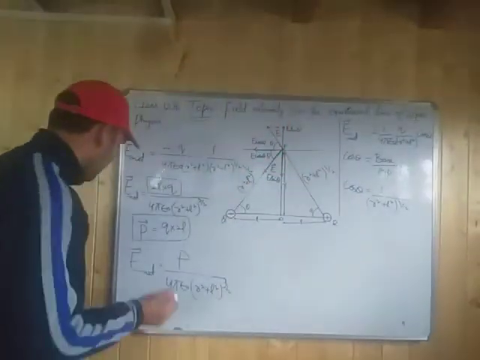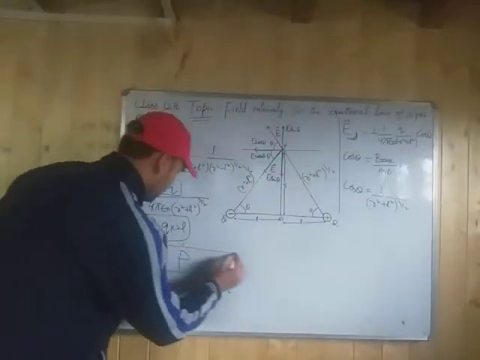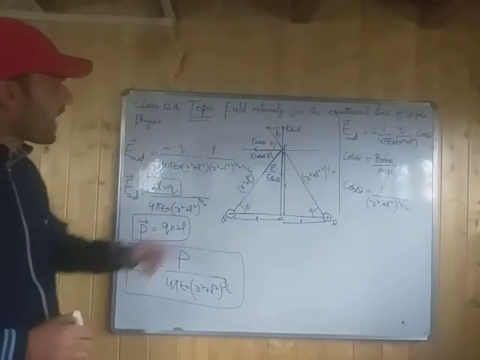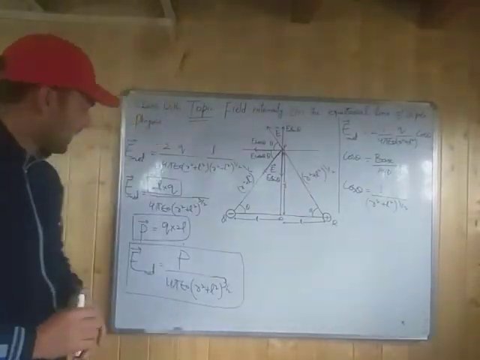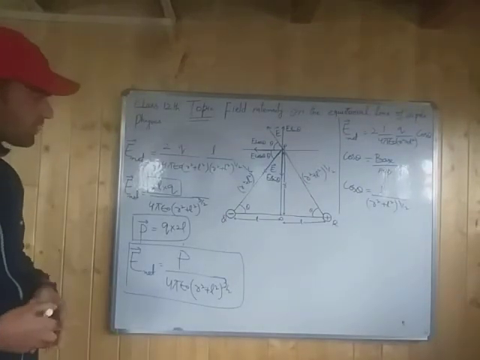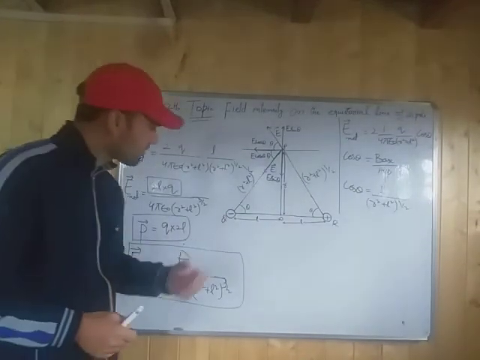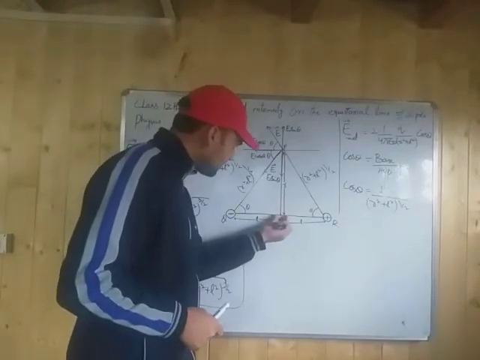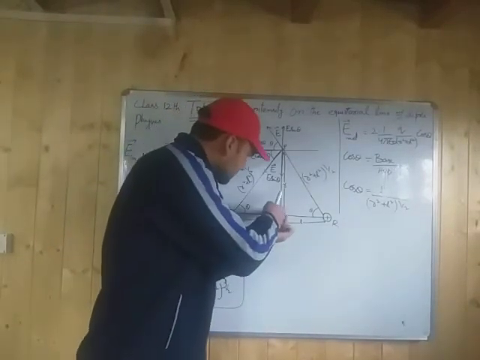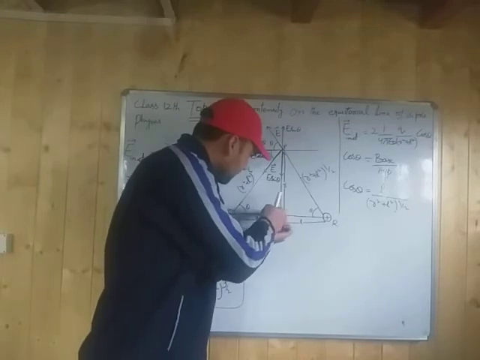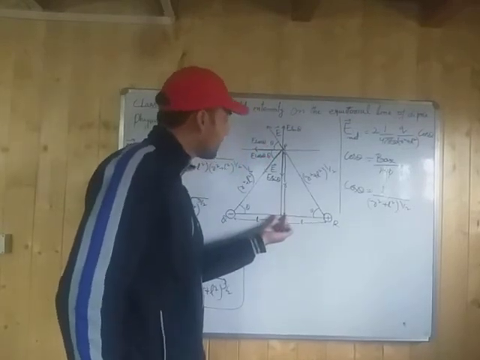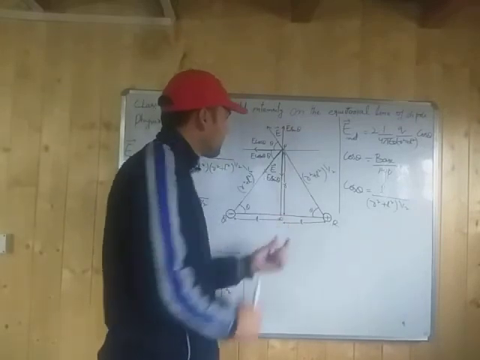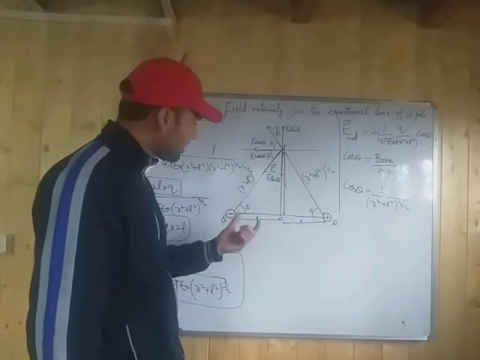This is the simplest expression for the electric field intensity at point P on the equatorial line. But here we will make some approximations. If the dipole is very small, then the distance from the center to the negative charge and from the center to the positive charge will be very small as compared to the distance from the center of the dipole to the point P. So we will neglect this distance.